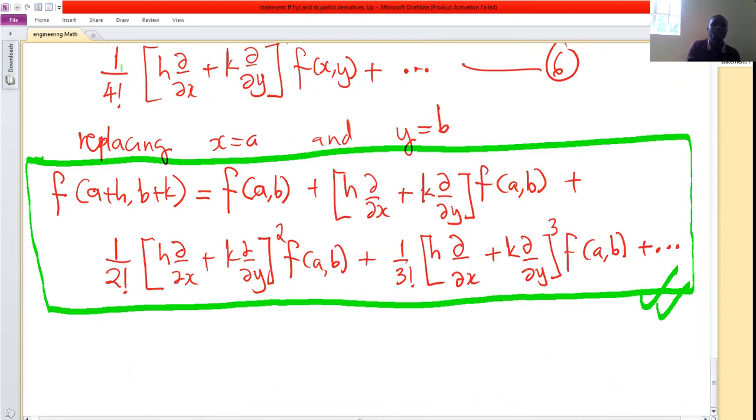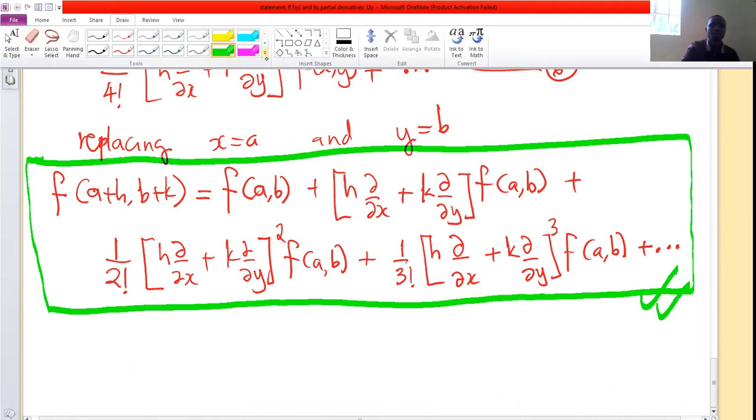And you can get some special cases for this formula when you replace A with 0 and B with 0. You can get another expression. So, just special cases.